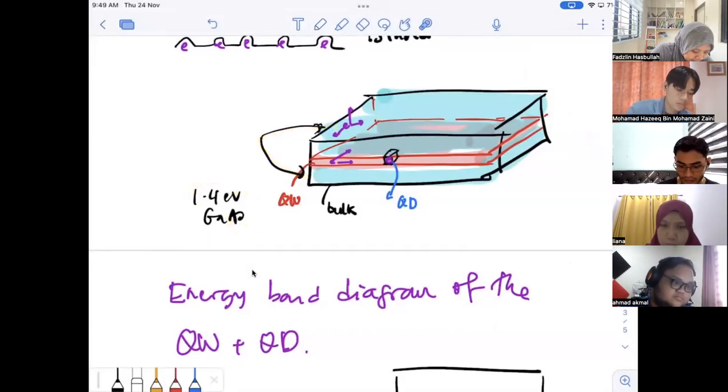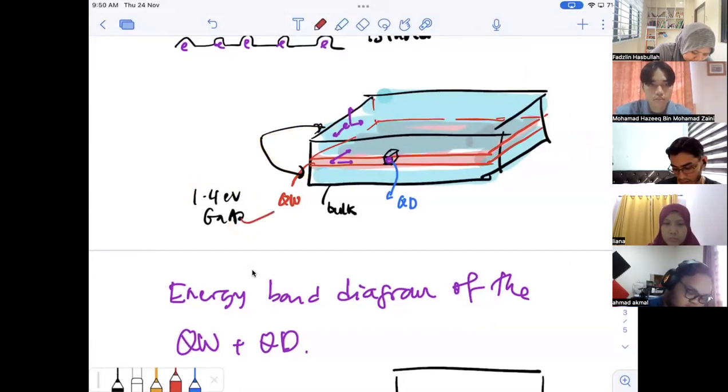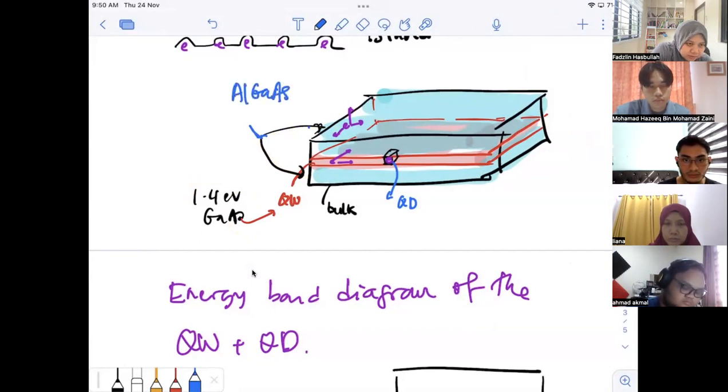So gallium arsenide ni the quantum well material. The sandwich material should be something bigger, maybe aluminium gallium arsenide, maybe we say 1.6 EV. Okay, so syarat dia kena always sandwich.